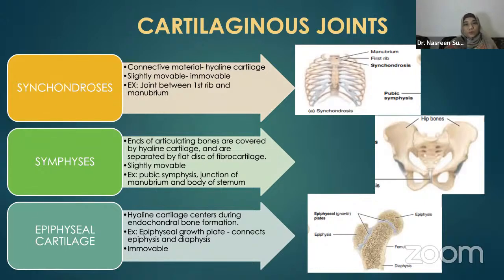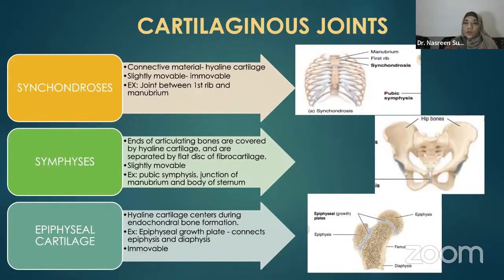Now, again, they are divided into three types. The examples in three types are synchondrosis, symphysis, and epiphyseal cartilage.